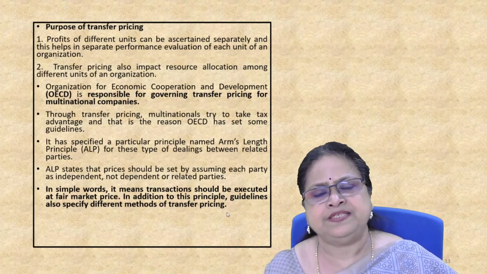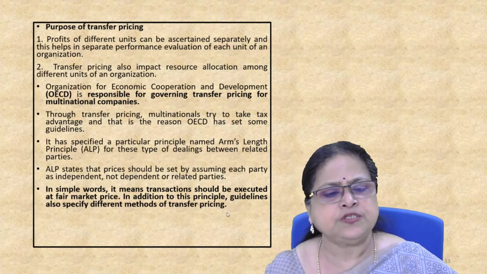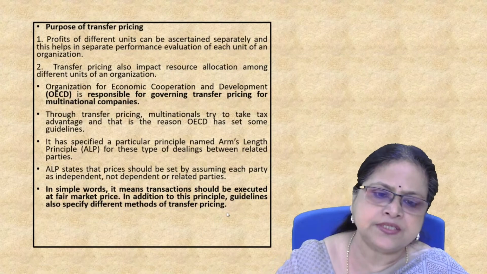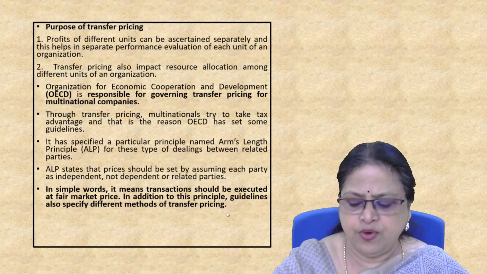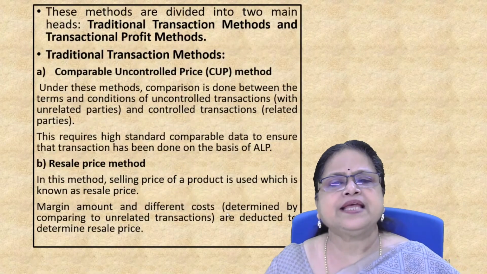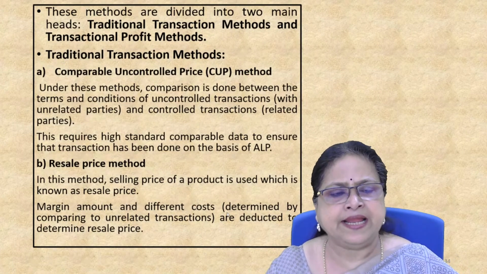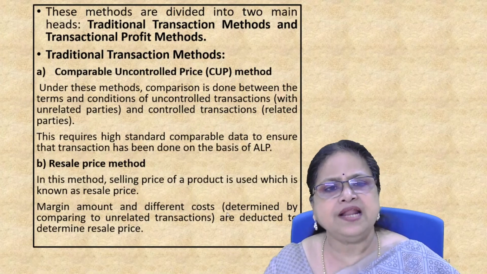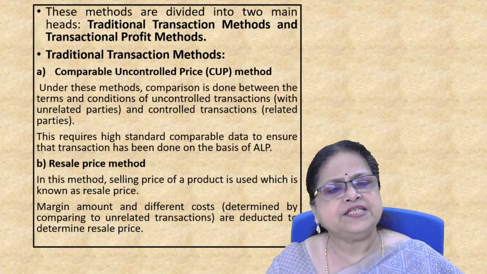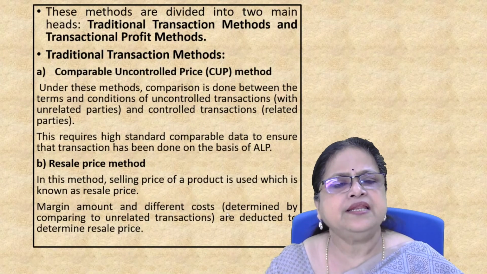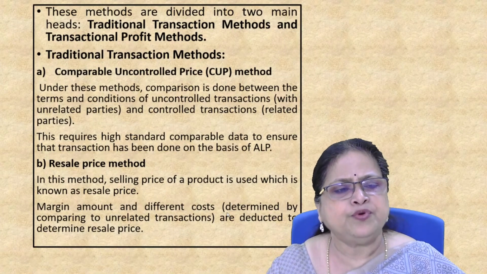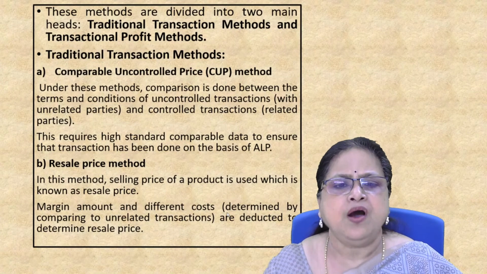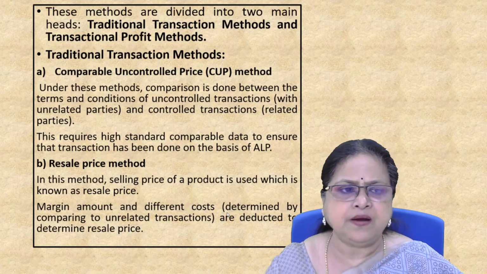In addition to this principle, guidelines also specify different methods of transfer pricing. What are those methods? These methods can be divided into two main heads, that is the traditional transaction method and the transactional profit method. The traditional transaction method is composed of, one, the comparable uncontrolled price method, CUP method.